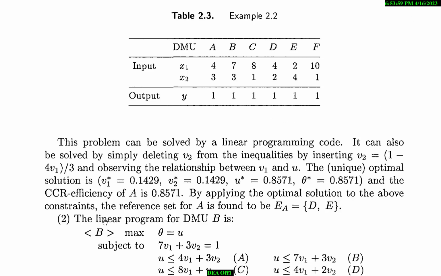Similarly, we can write the linear program for DMU B. As you see, we maximize theta, which is u times the output of DMU B, that is 1, so we maximize u. The first constraint is 7 V1 plus 3 V2 equal to 1, because the first input of B is 7 and the second input is 3.